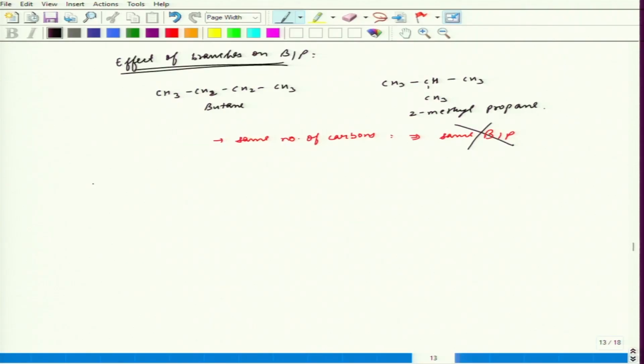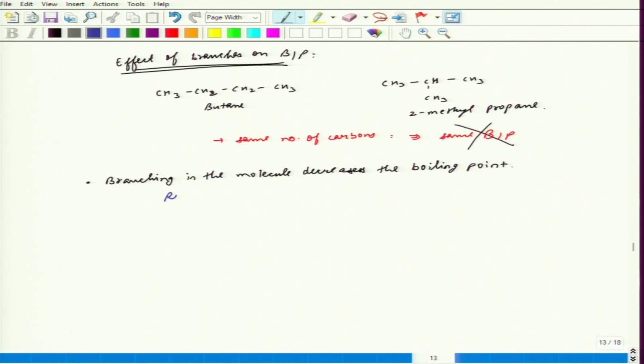The branching in the chain, branching in the molecule, decreases the boiling point.